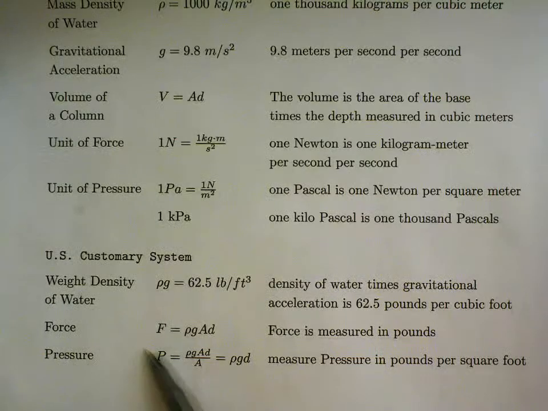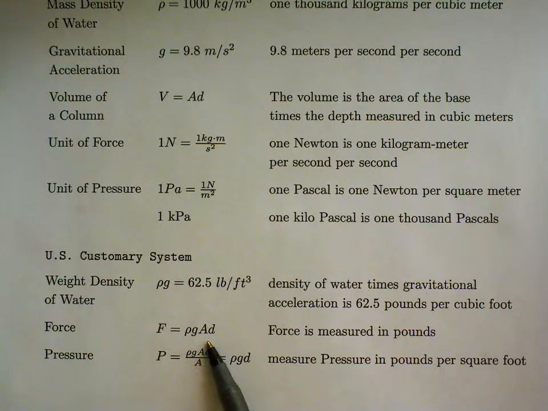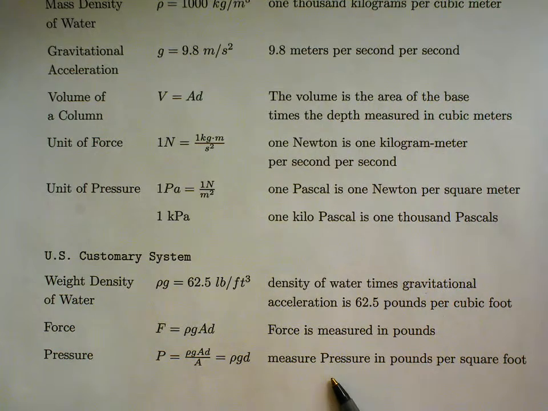Okay, the force is rho times G times A times D, but in the US customary system, force is measured in pounds. And the pressure, same as above, of course, pressure is force divided by area. And in the US customary system, the pressure is measured in pounds per square foot.